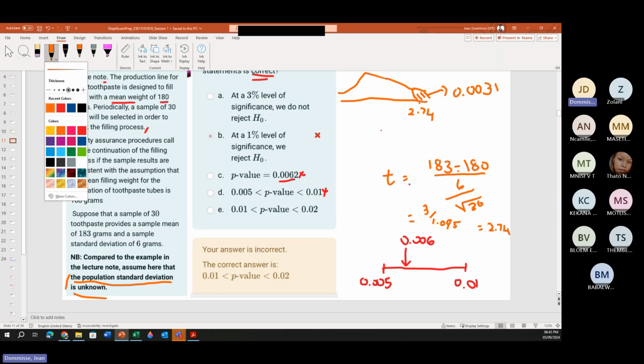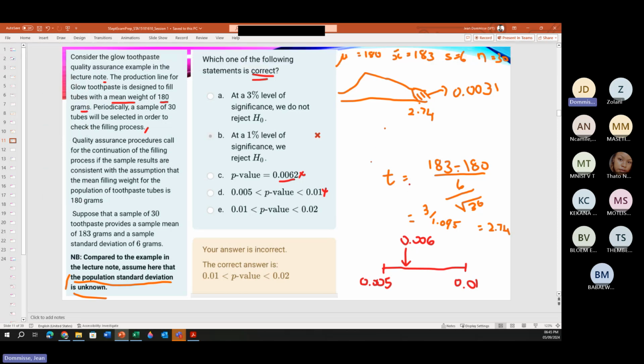So that is still the same, but the population standard deviation is unknown. So we would have gone with a T, and did they say anything else? So not really. So 2,74, that is correct.